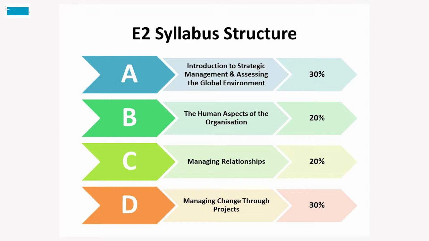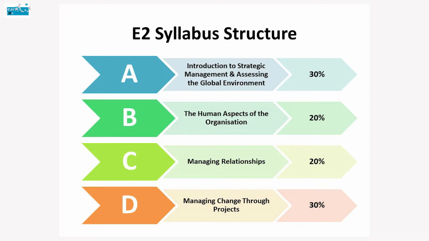When we look at the syllabus for E2, we see that there are four main areas that have been outlined. These areas are Introduction to Strategic Management and Assessing the Global Environment, which is about 30% of the syllabus. Next, we deal with the human or people aspects of the organization, and this takes about 20% of the syllabus.